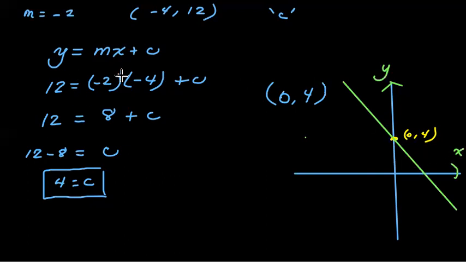Let's get back to what we did here. What we did here was basically from this step, we went to this step, which is y is equal to minus 2x plus c, because m was given as minus 2. And then we know it passes through this point.